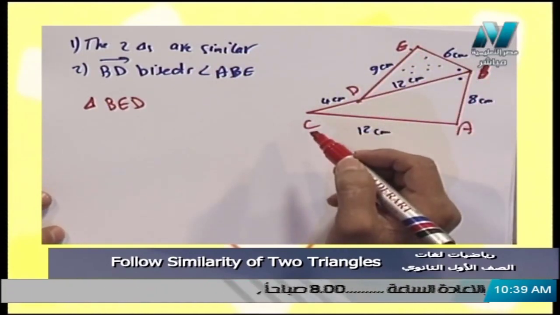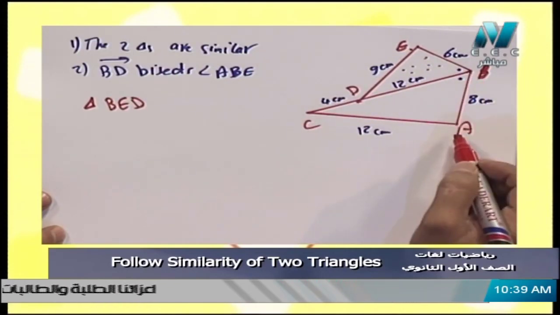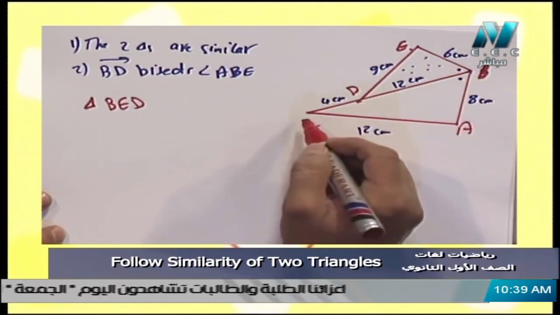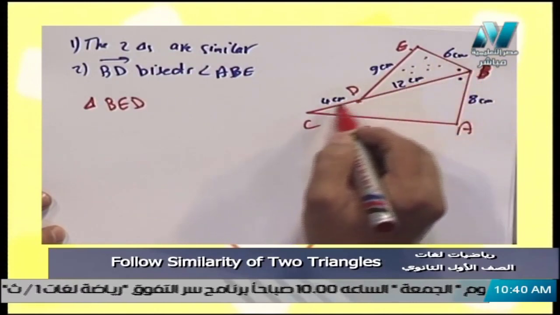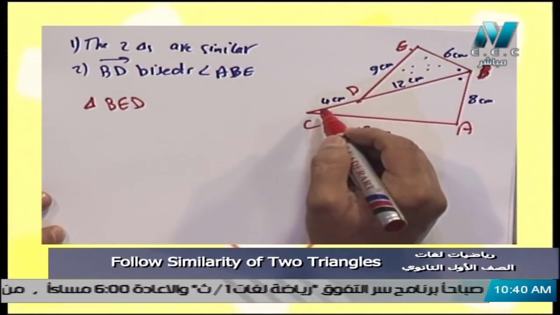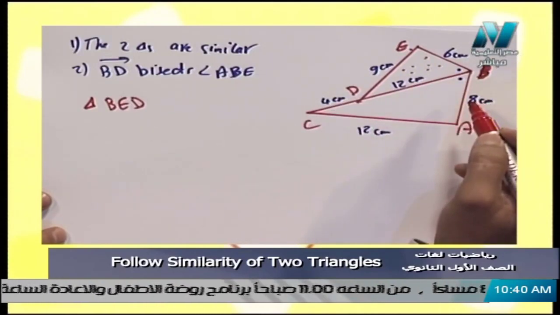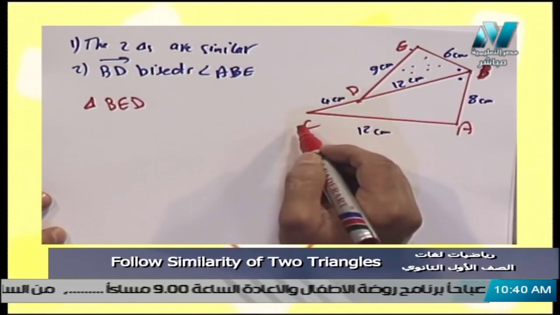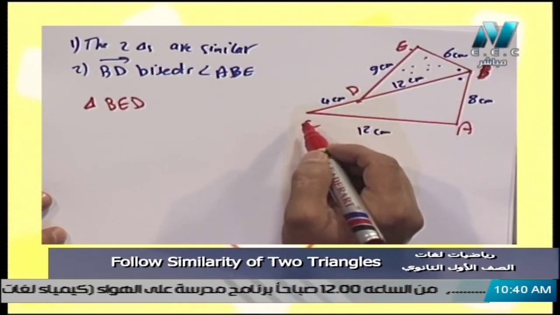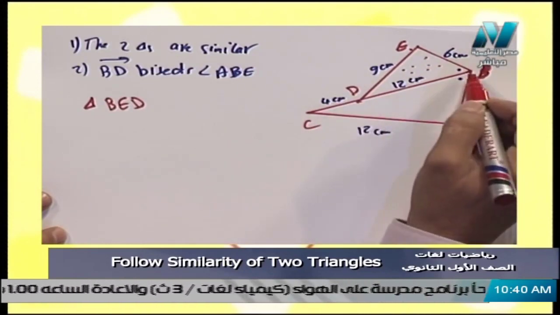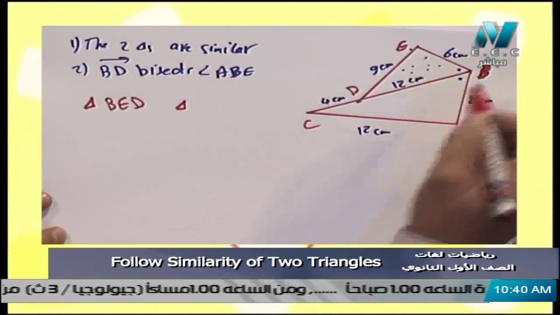And the other triangle we have here: BA equals 8, AC equals 12, and of course the last side, which is BC, equals 12 plus 4, which is 16. So we can name it BAC, because BA is the smallest one, AC is bigger, and BC is the biggest. So we can say triangle BAC.